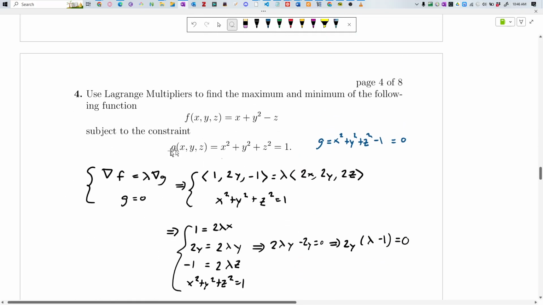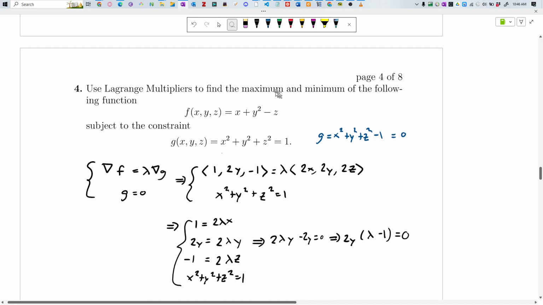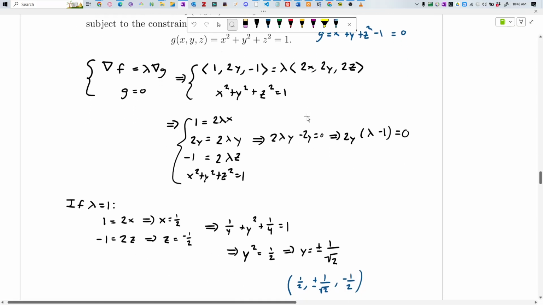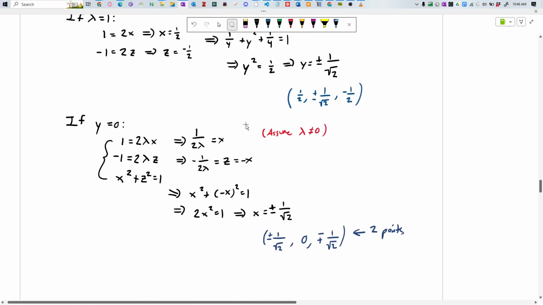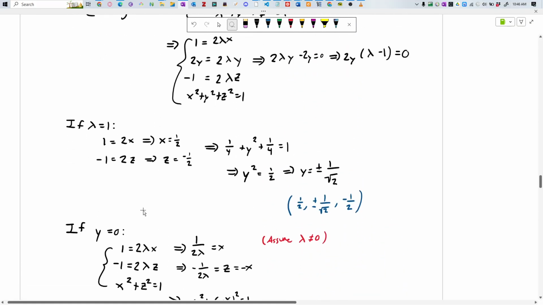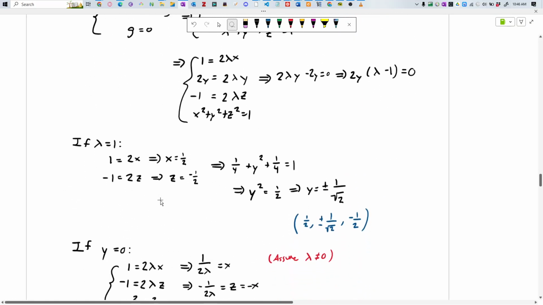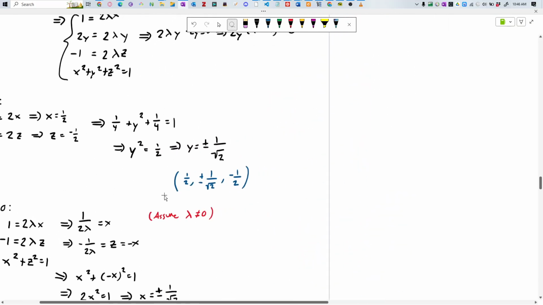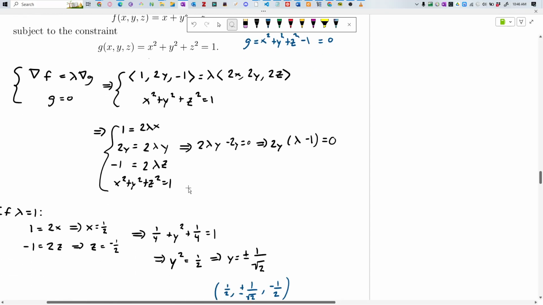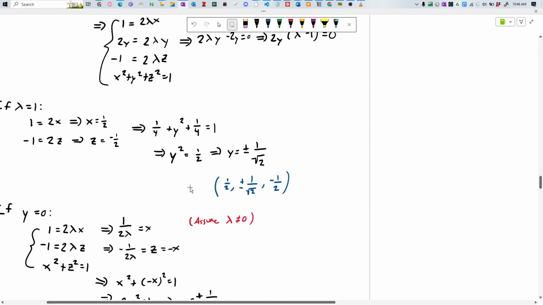Okay, the last part of this problem is going to be to plug the points in order to determine the minimum and maximum for the function f. Okay, so unfortunately, I'm sort of low on space. I guess that means maybe I'll move off to this side.